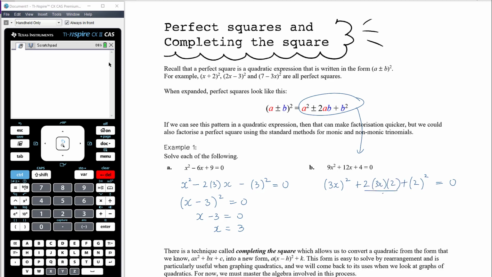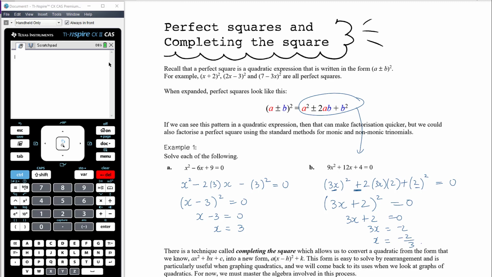If that's what's in the middle, then we have a perfect square, and yes, 12x is 2 times 3x times 2, and so therefore this is a perfect square that is 3x, the plus because of the plus here, and 2, so 3x plus 2 all squared. So 3x plus 2 equals 0, 3x equals negative 2, and x equals negative 2 on 3.